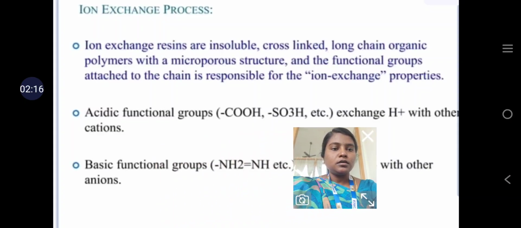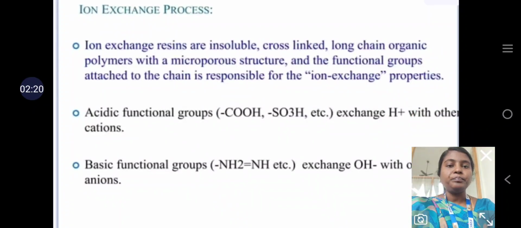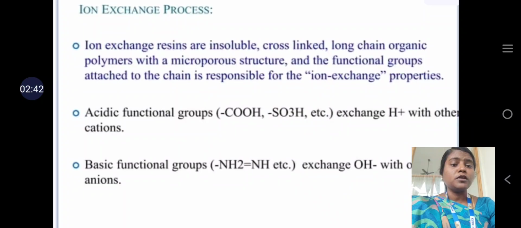You can see the cationic resins have acidic functional groups, like COOH, an organic acidic group, and SO3H, the mineral acidic group. These groups are present in the cationic exchanger, while the anionic exchangers have basic functional groups, that means alkali functional groups.